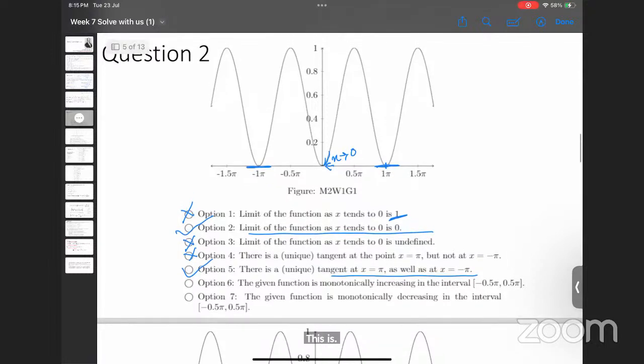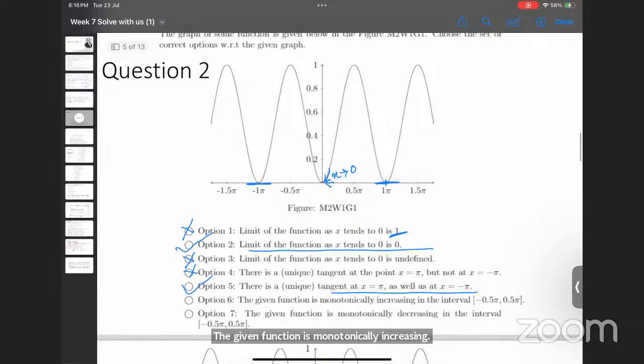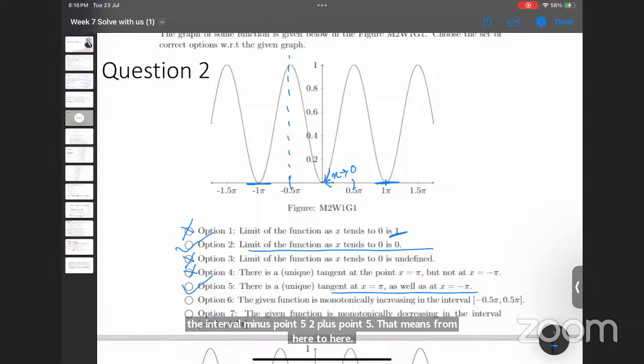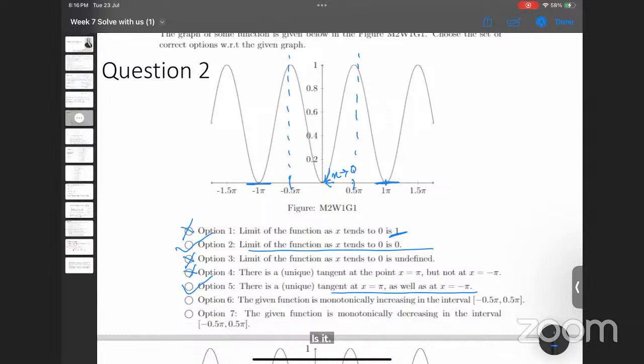And what is option 6? The given function is monotonically increasing on the interval minus 0.5 pi to plus 0.5 pi. That means from here to here. Is it? No, we can directly see here it is decreasing, and then it is increasing. So this is not monotonically increasing on that interval.